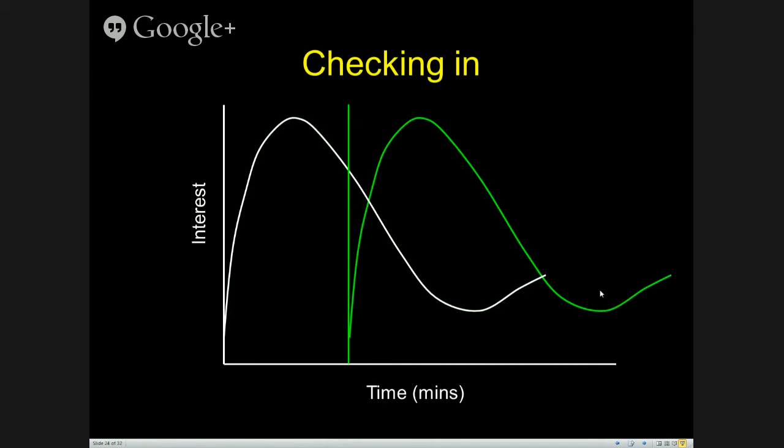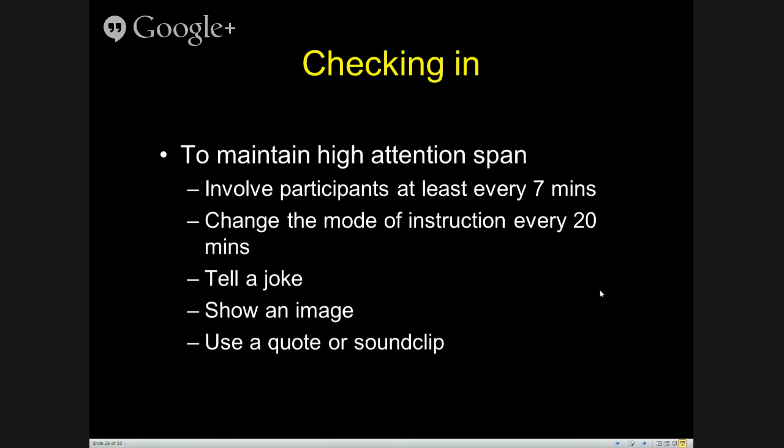So every 7 minutes or so, educators know that they need to do something to keep people interested, either by asking a question to the audience, telling a joke, showing a graph, talking, changing topics, or changing the mode of teaching. So to maintain high attention span through a lecture, involve the participants at least every 7 minutes.